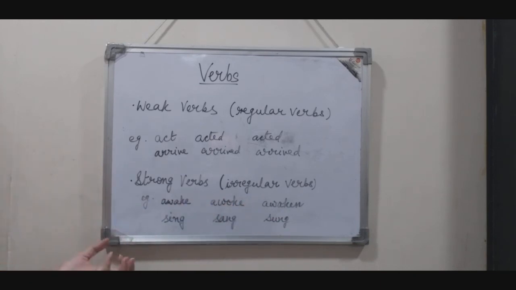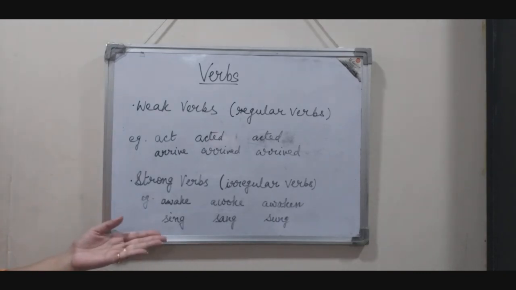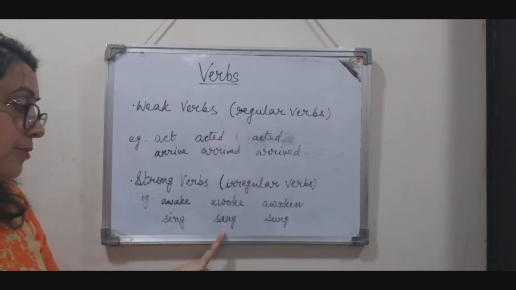Similarly, the easiest and the best example to understand here is the verb sing. In the base form, the word is sing. The past form is sang.